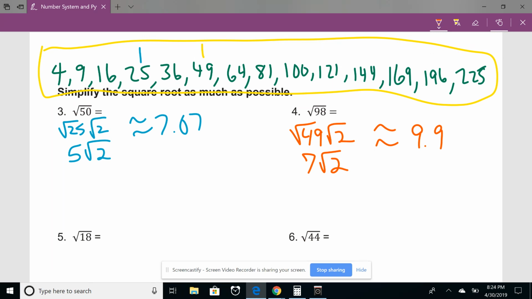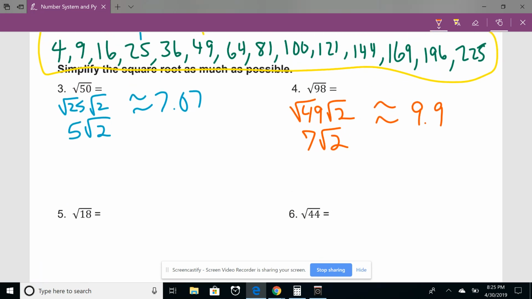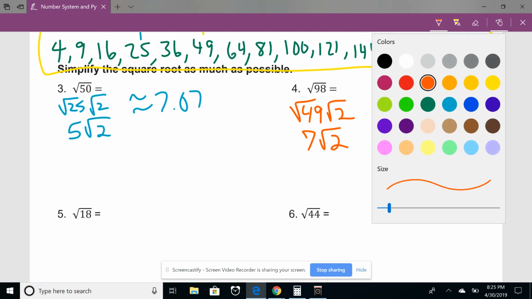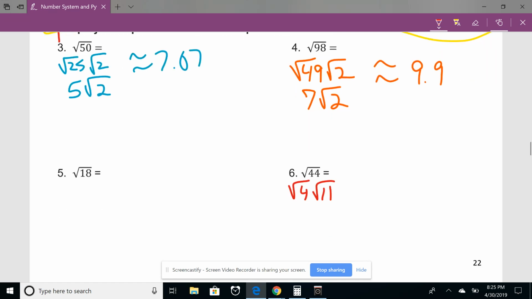I want to do one that doesn't have a square root of 2. Number 6 here. Out of our list up here, let's see which of the perfect squares goes into 44. It's 4. 4 and 11. 4 times 11 is 44. Square root of 4 is 2.